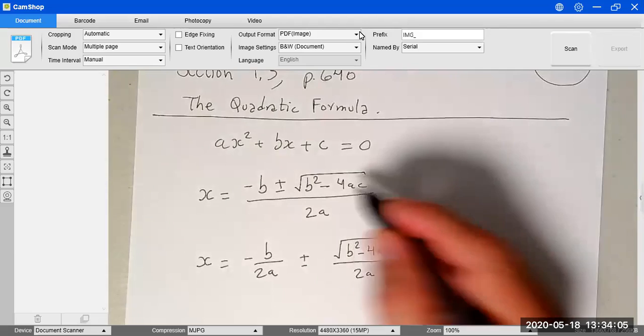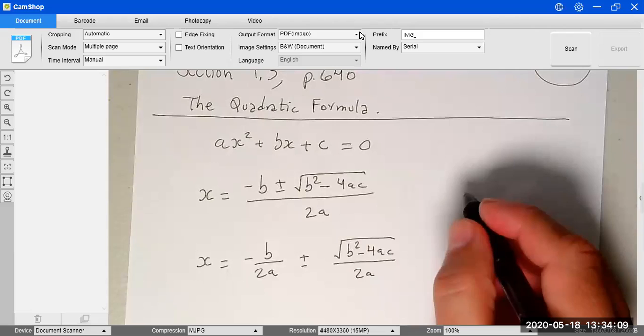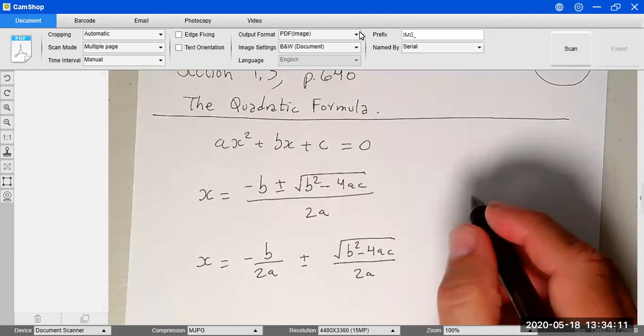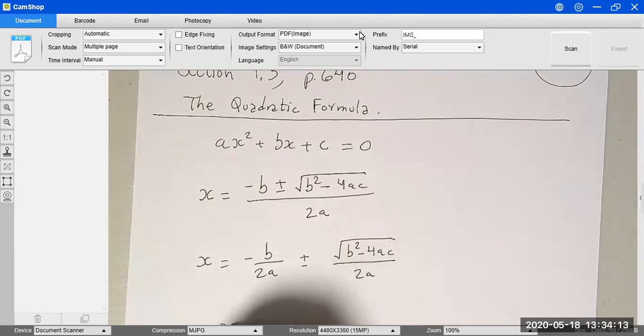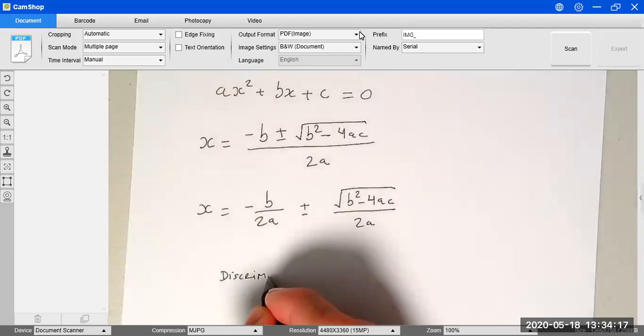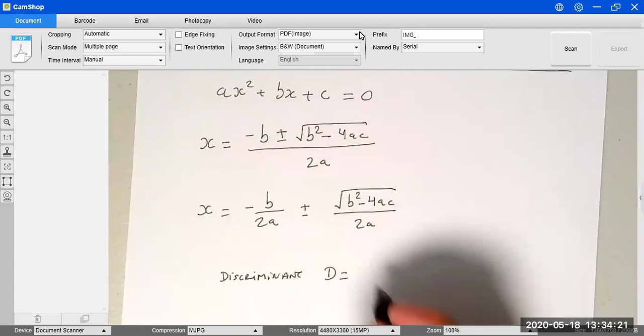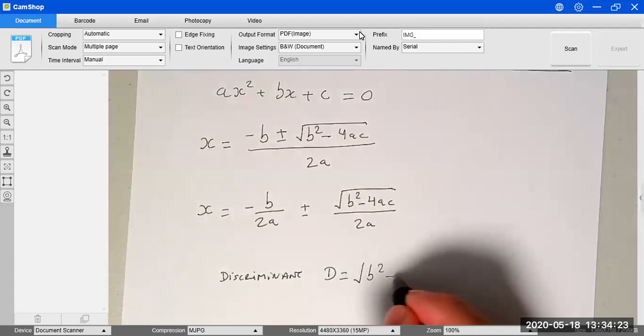So the radical here is known as the discriminant of the equation. The discriminant, usually called d, is just b squared minus 4ac.